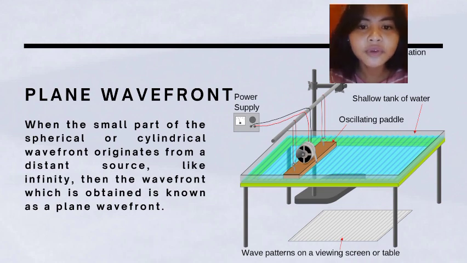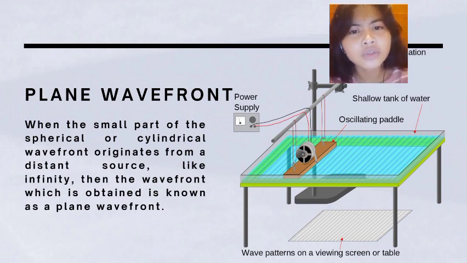So aside from the ripple tank that we've just considered as an example for the plane wave, what are the other examples of plane wavefront? The other example for this is the rays of the sun. Since the plane wavefront occurs when the source of any kind is distant from the medium, then we can consider the rays of the sun as a plane wavefront, since the source of the wave, which is the sun, is very far, no?